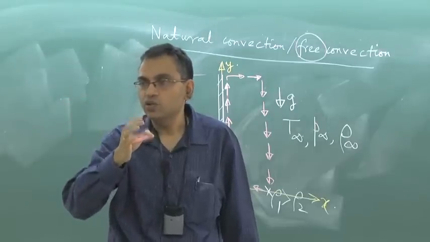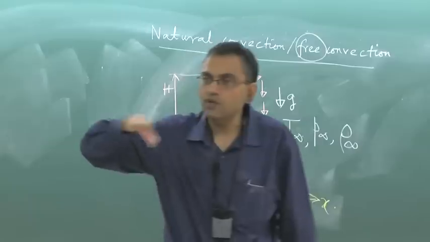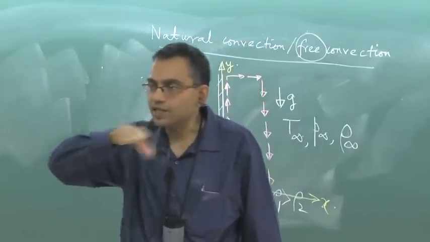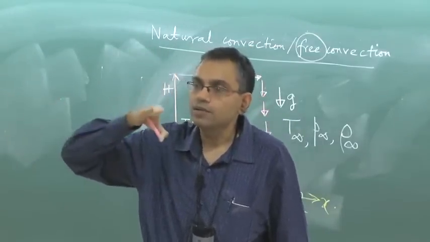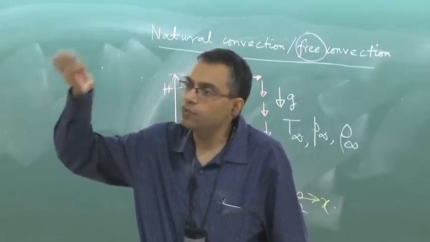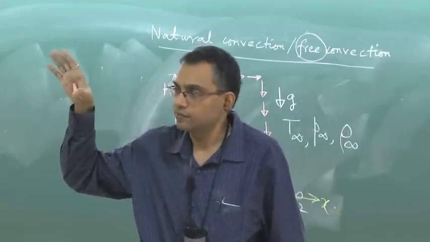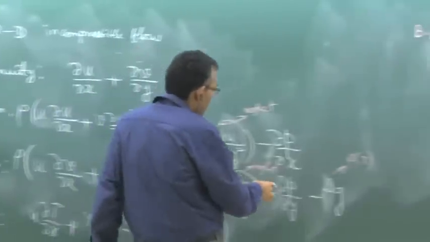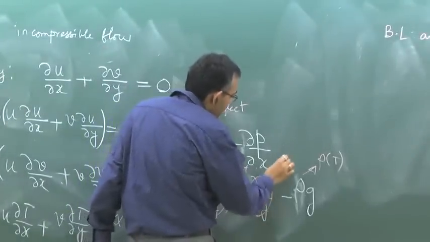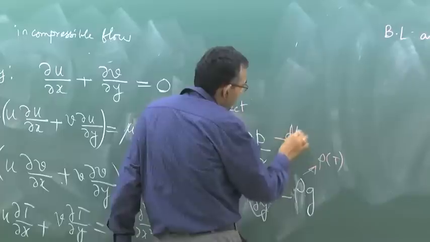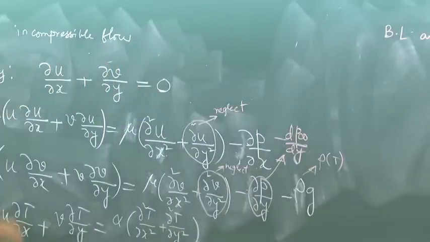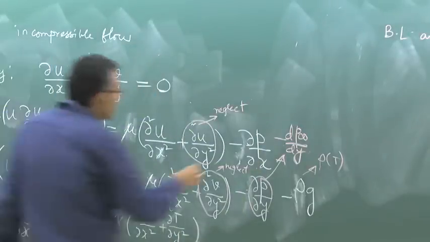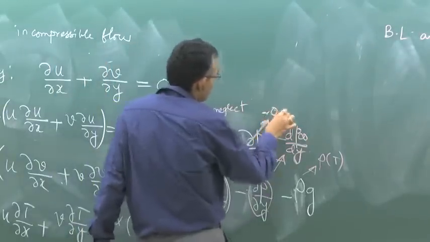Just like in forced convection over a flat plate where the direction of the plate was x direction, then you had minus dp dx is equal to minus dp infinity dx. So here similarly for the boundary layer analysis, minus del p del y is minus dp infinity dy, and this del p del x will be 0.